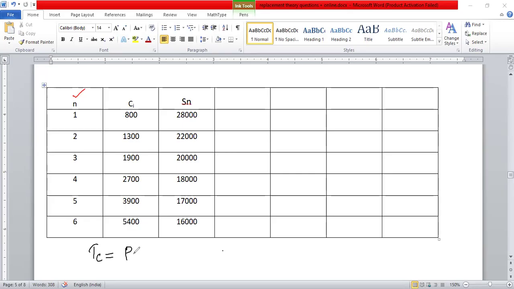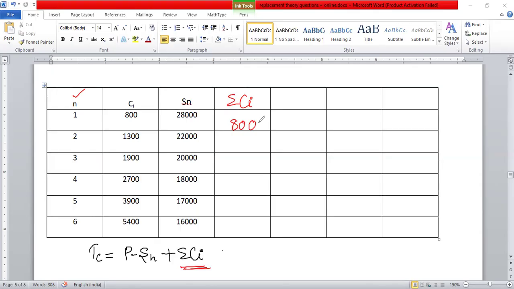Okay, first we write the formula. Total cost is equal to P minus S of n plus summation of Ci. Same formula. We start with the summation of Ci, cumulative.